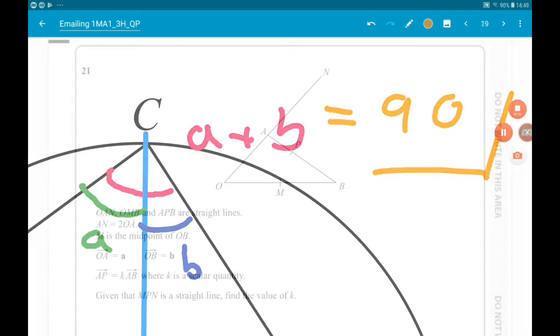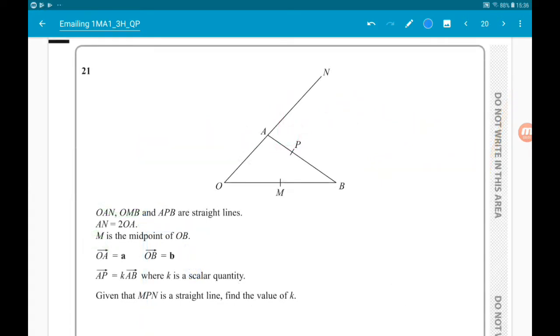There's the proof. Number 21, now I warn you, this question is hard. So, it's a lovely 5-mark vector question. So we're told that OAN, OMB and APB are straight lines. AN is 2OA. So what that means is the length A to N is twice the length of O to A. We are told M is the midpoint of OB.